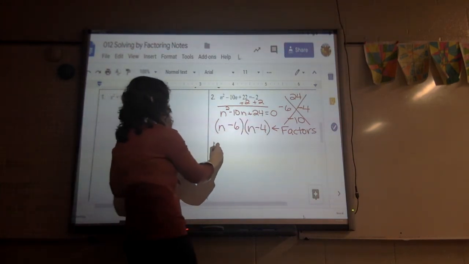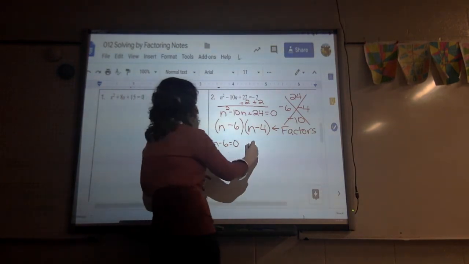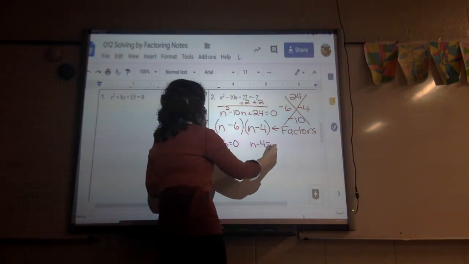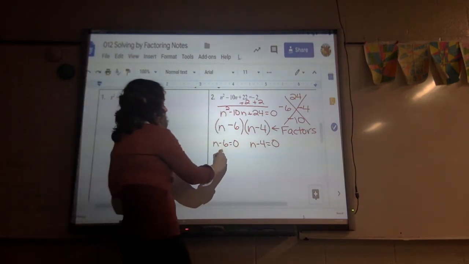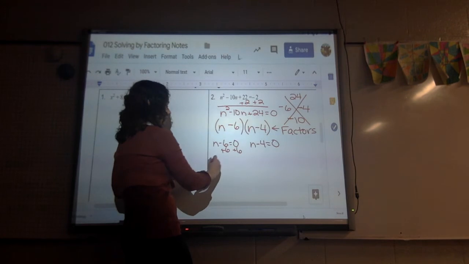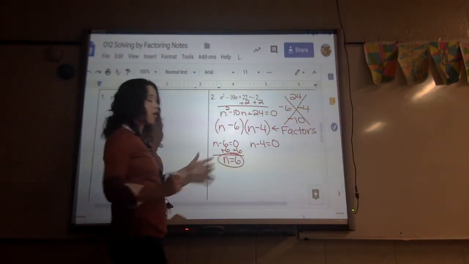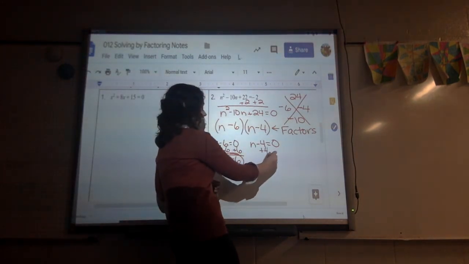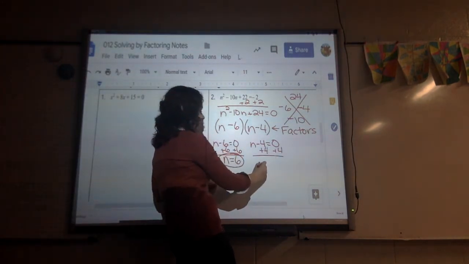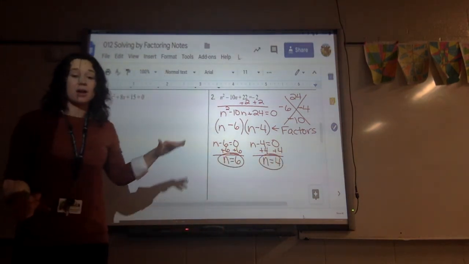So I take n minus 6, set it equal to 0, and I take n minus 4, set it equal to 0. And this time if I solve, I have to add 6 to the other side, and I get n equals 6. On that second piece, I have to add 4 to the other side. So I get n equals 4, and then I'm done.